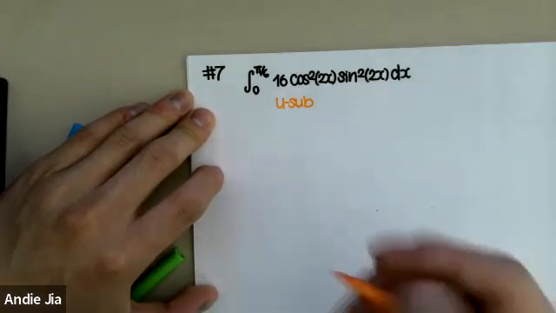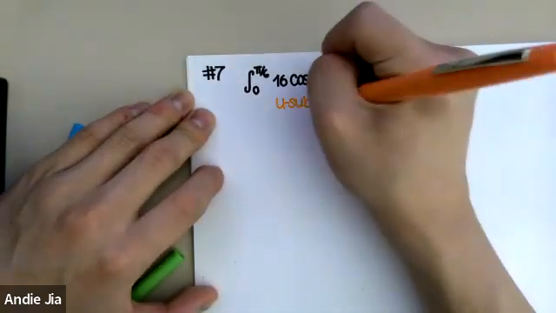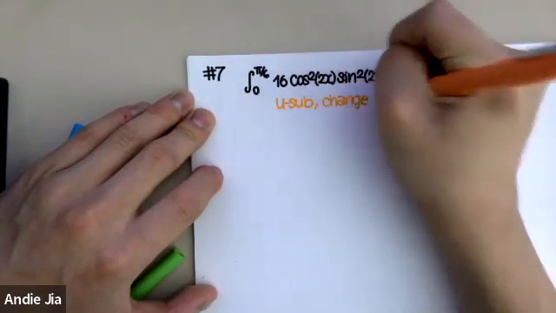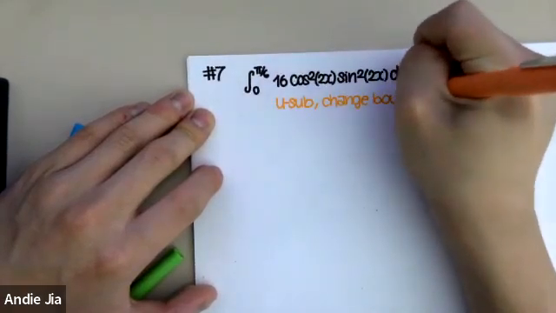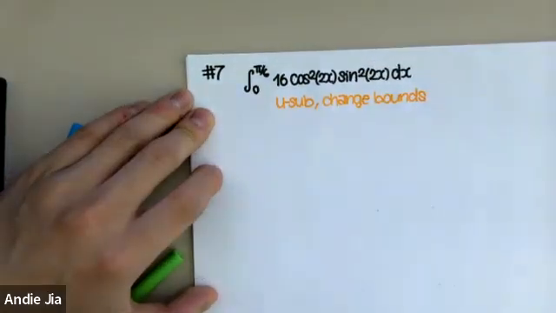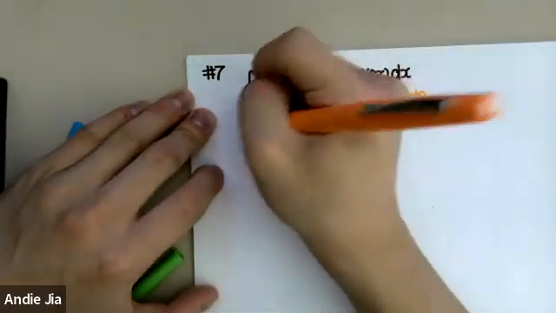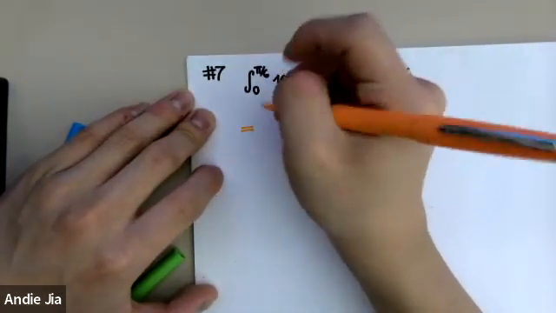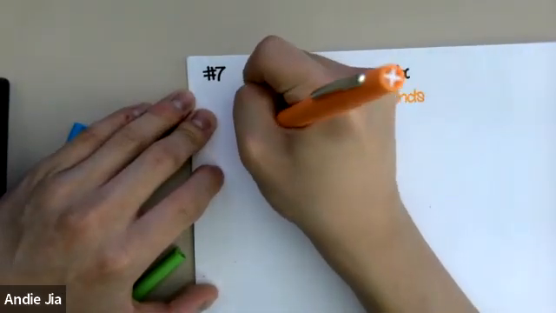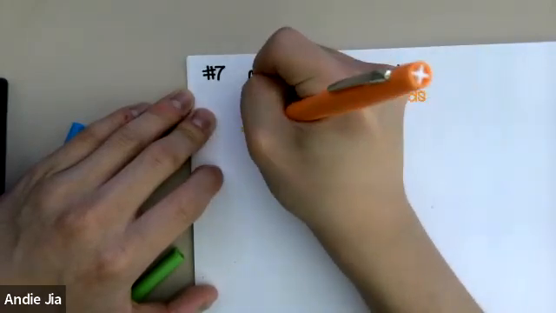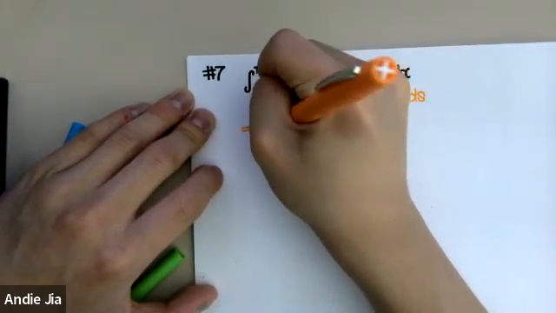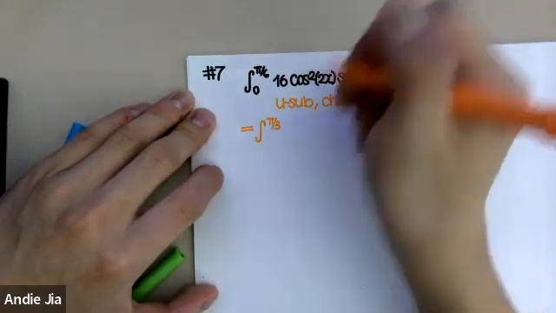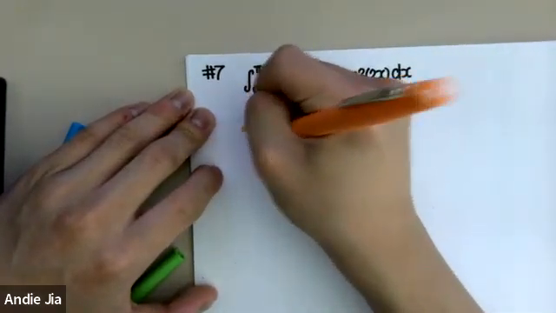So u substitution, change the bounds. What we have is going to be pi over 3, and then the lower bound is unchanged.